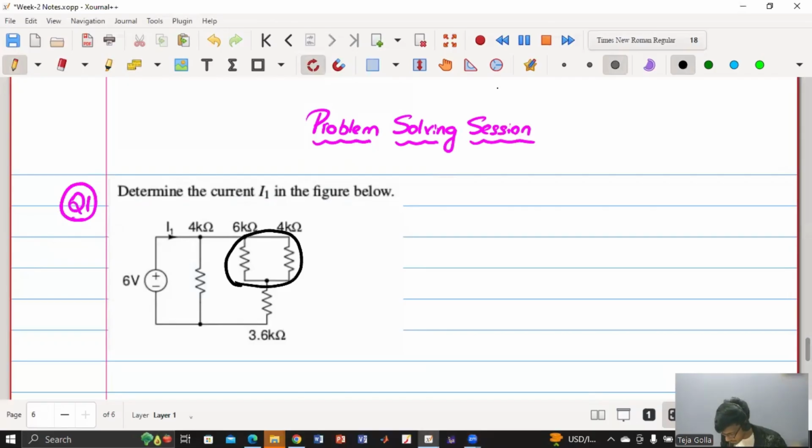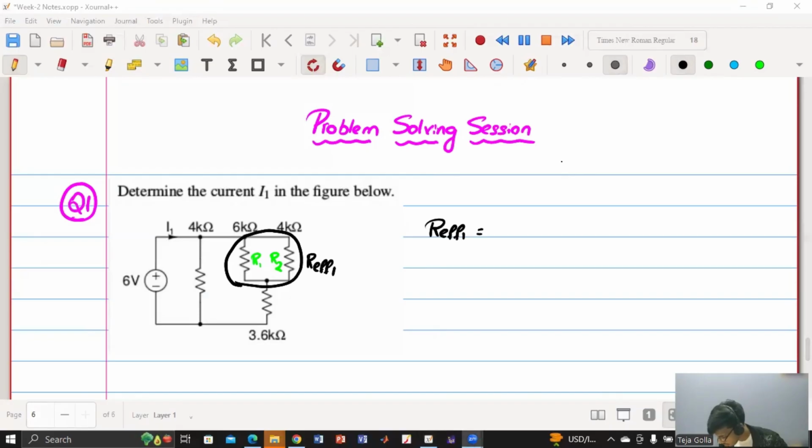First I'll call this R effective 1. Can you tell me what the value will be? 6K is R1 and 4K is R2. What is R effective in terms of R1 and R2?